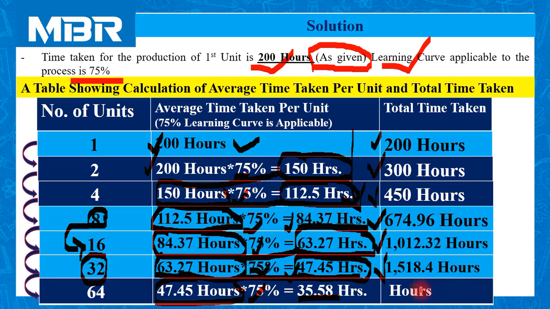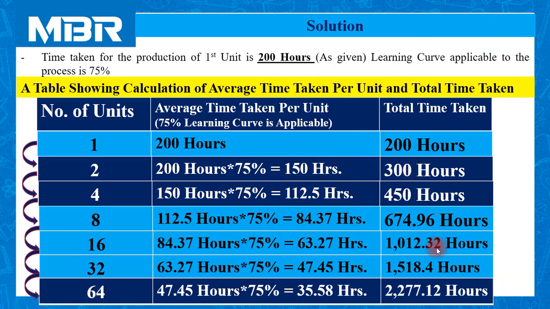So for manufacturing 64 units, total time taken is 2277.12 hours. Here we need to calculate till 64 units as the examiner needs cost per unit when we are making 2 units, 4 units and 64 units. So we need to continue our calculation up to 64 units.